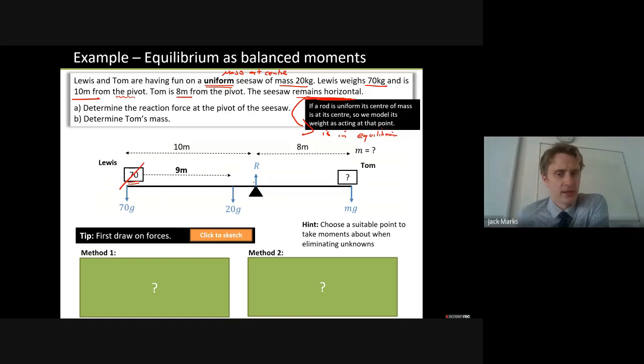Who said that they were? Think about it. We know that Lewis is 10 meters away, and we know that Tom is 8 meters away. So the pivot's not in the middle. It doesn't have to be. What is in the middle and what must be in the middle is the mass of 20 kilograms.